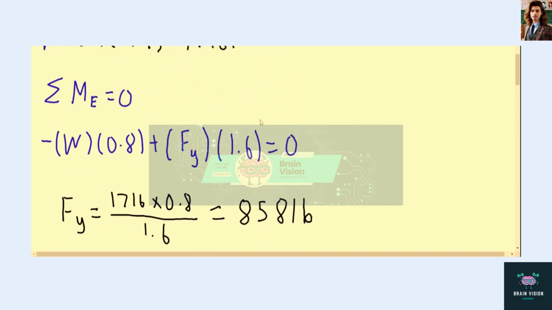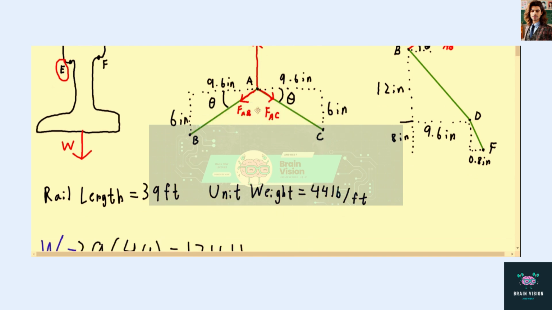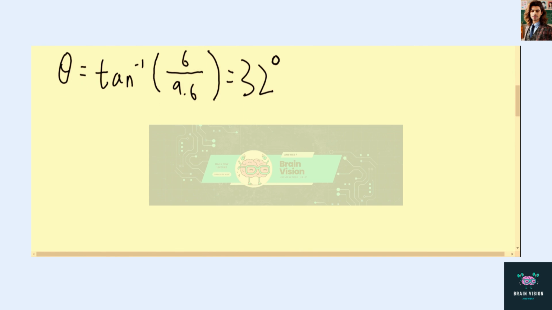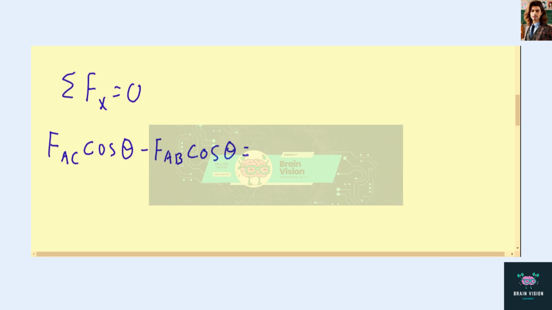So using the free body diagram in the middle, we can say that the sum of all forces in the x direction is equal to 0, which in terms of that free body diagram, we can write as force of AC times the cosine of theta minus the force AB times the cosine of theta is equal to 0.